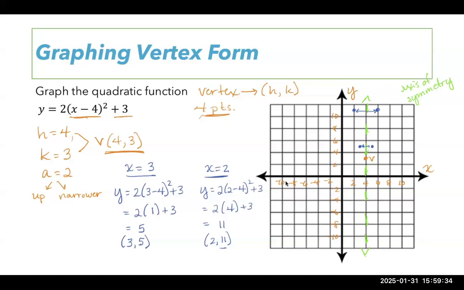Okay. And so I can get my 4 additional points by really only having to figure out 2 points and then using the symmetry to come up with the other 2 points through reflection. And now I can draw a smooth curve through those points. And I get a parabola that looks something like that.